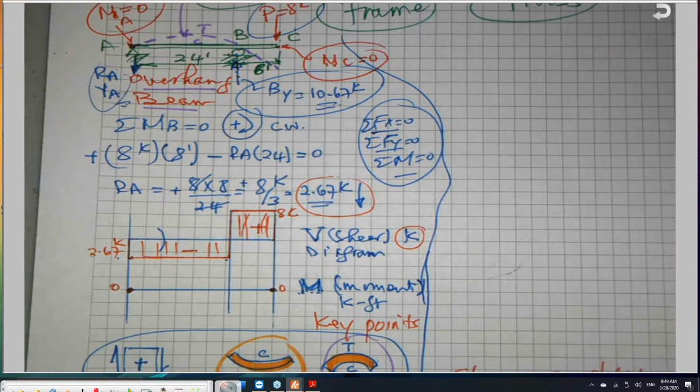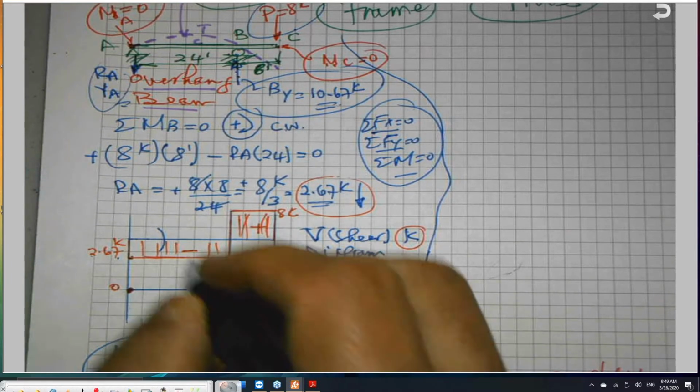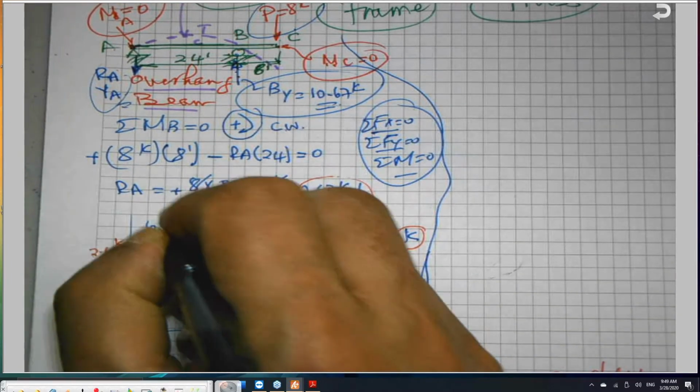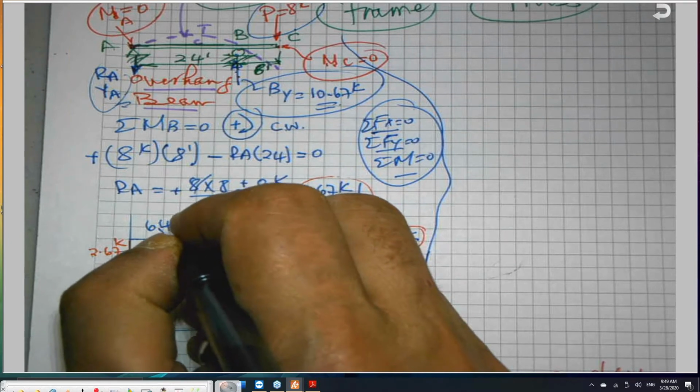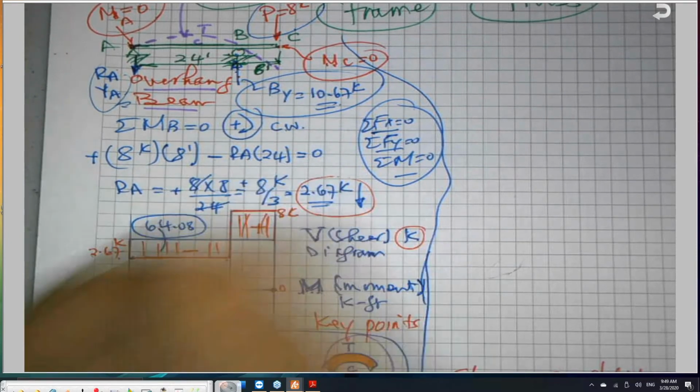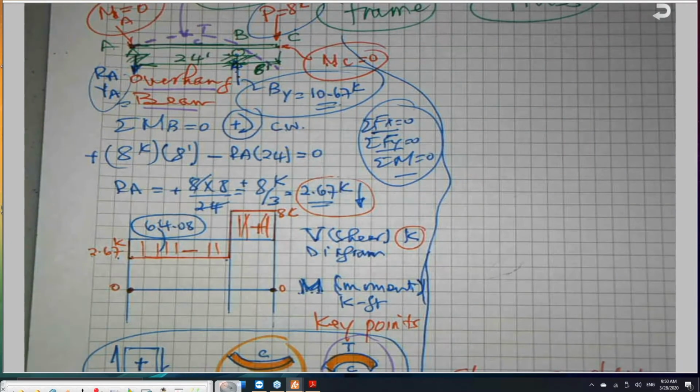So it is 2.67, enter, 24 times. This is 64.08. One more time, 64.